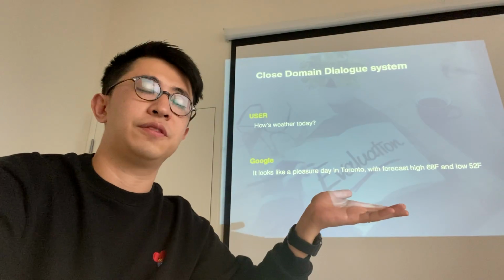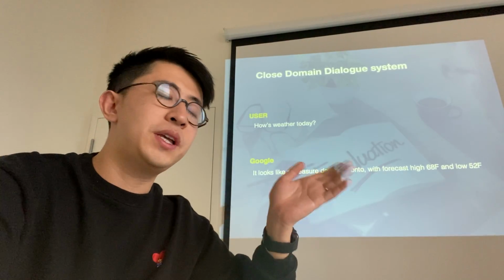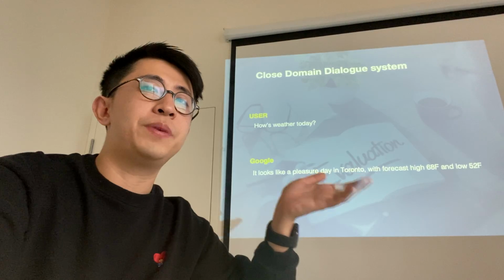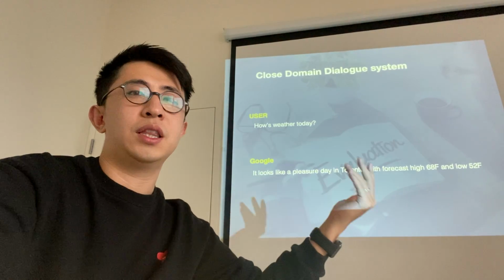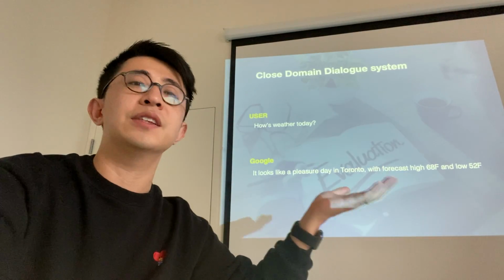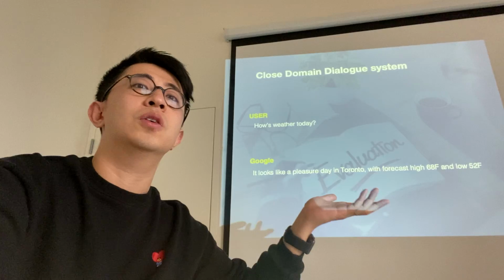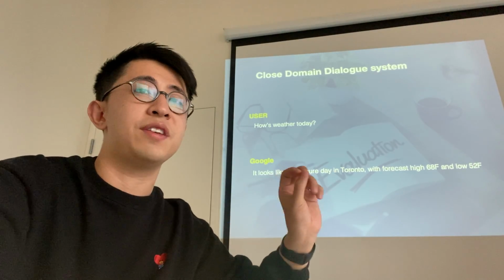For this kind of dialogue system, we focus on a low repeat rate of queries. We don't want the user to repeat the query again and again when the system doesn't get it. So a low repeat rate is the key of this kind of dialogue system when we do the evaluations.